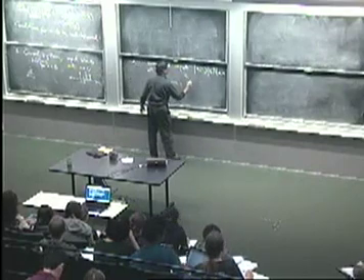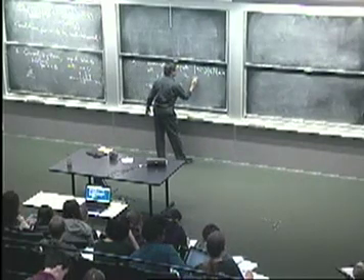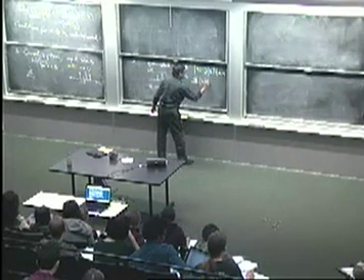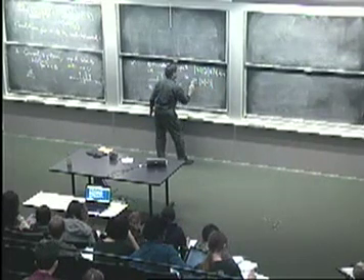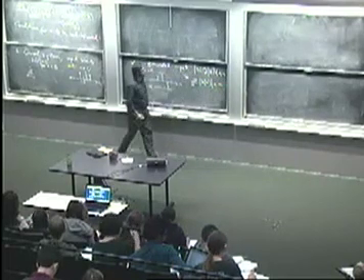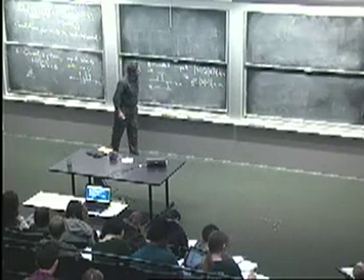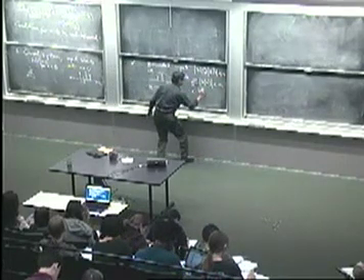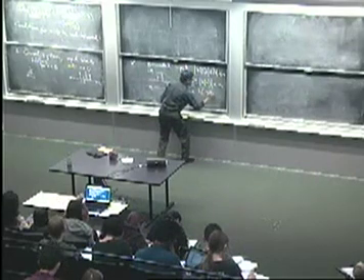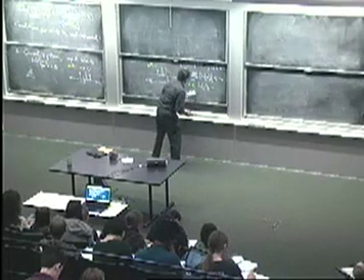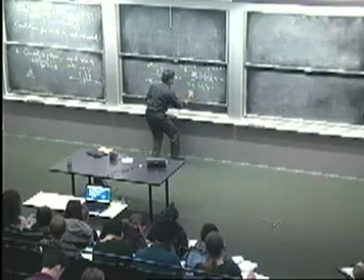And here's the other part of the condition. Absolute value of h[m] summed over all m is finite. Okay, we say that h is absolutely summable.